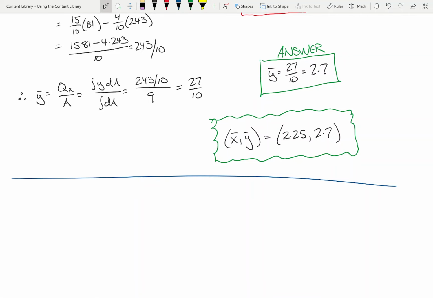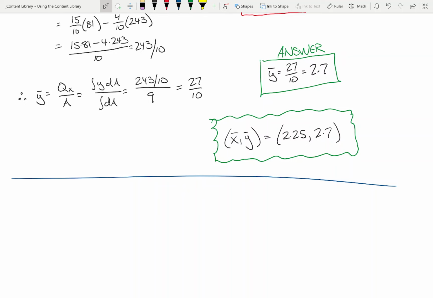So this right here would be 2.7. Does that kind of make sense? Just like the 2.25, that's about where the centroid is.